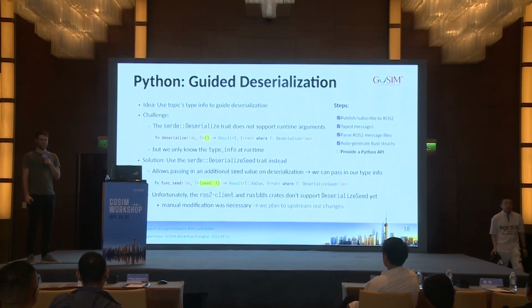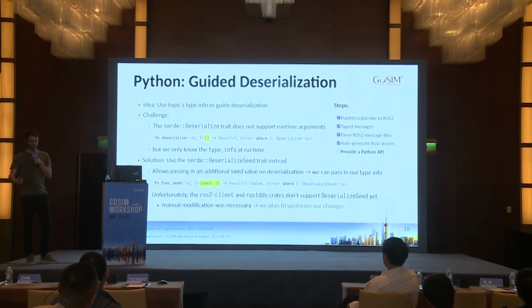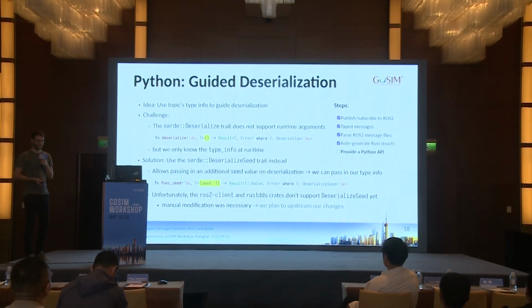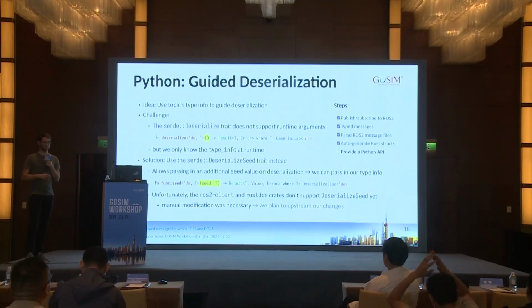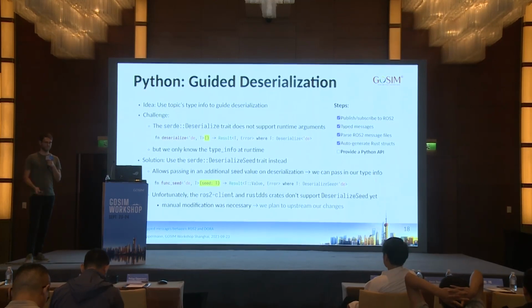It basically supports deserialization using an additional seed argument, and this argument we can use to pass in our type information and correctly read out the message. Unfortunately, the upstream ROS2 client and ROS-CDR crates don't support this DeserializeSeed trait yet, so we needed to modify the crates. We're currently still minimizing these changes and plan to upstream them, to hopefully make this DeserializeSeed trait more used in the Rust ecosystem.